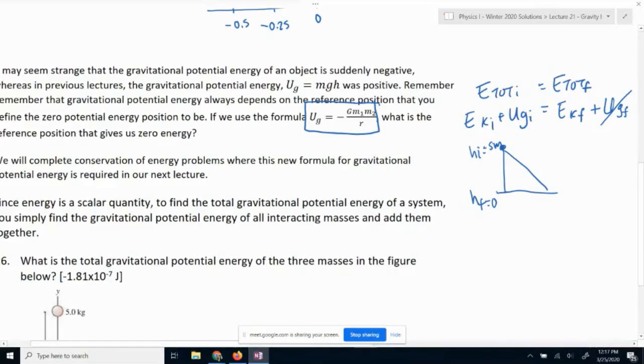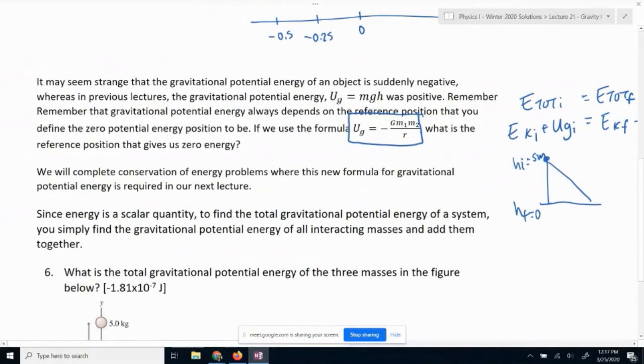Exactly. Good. Okay, so as R approaches infinity, so if we say the object is very far away from the surface of the Earth, that means it's approaching infinity, and so UG is 0.